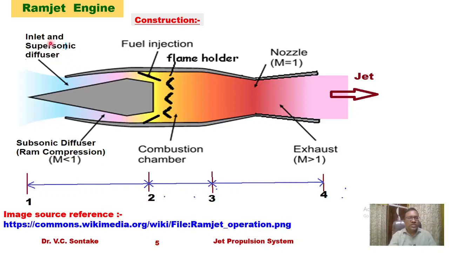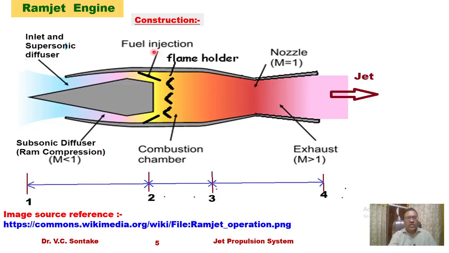The first one is inlet and supersonic diffuser, where the atmospheric air enters at supersonic velocity, and later part of the diffuser is called as subsonic diffuser, where the velocity of the atmospheric air is reduced to subsonic velocity.